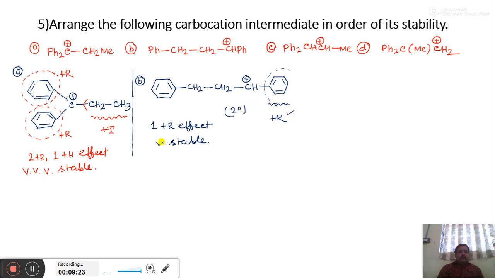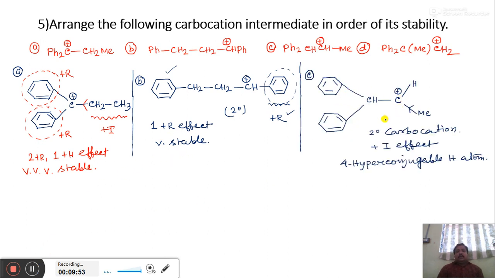Due to the presence of 1 plus R effect, this carbocation is very stable, but not as stable as option A. In this carbocation B, this other phenyl ring cannot show its plus R effect. Only the phenyl ring attached directly to the C plus carbon atom shows plus R effect. So this carbocation contains 1 plus R effect. Also, it is very stable.